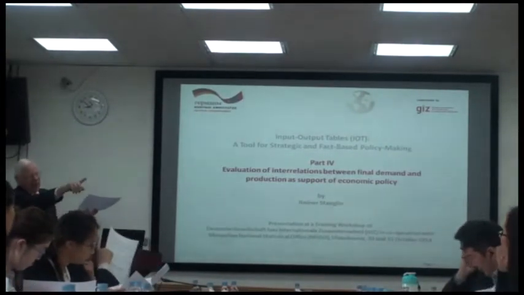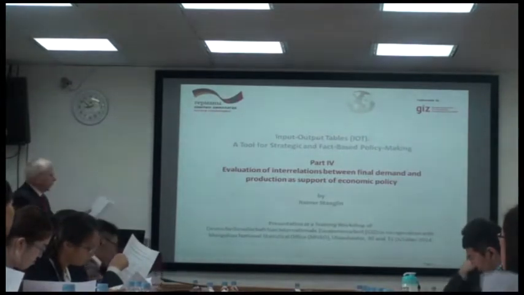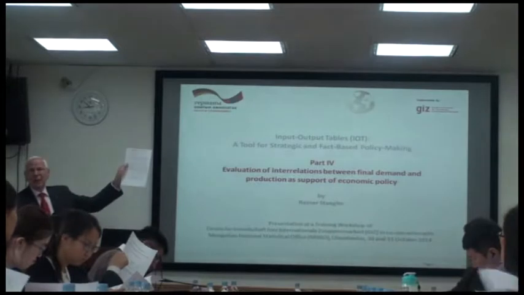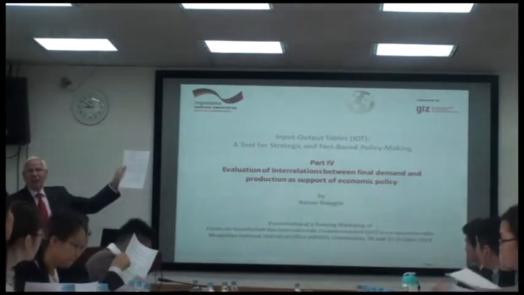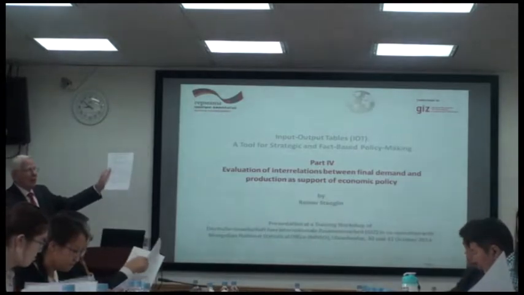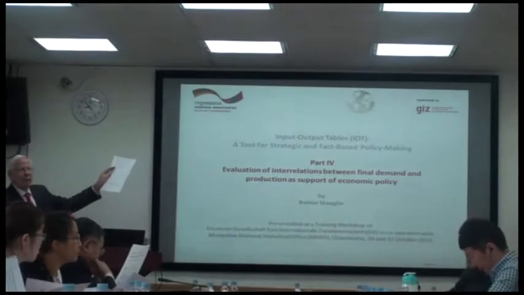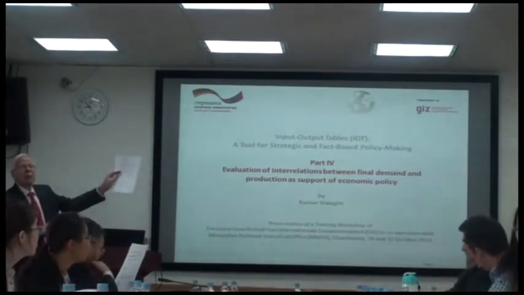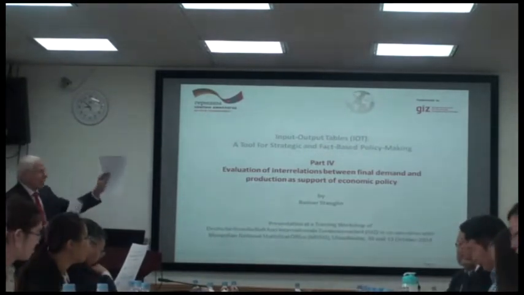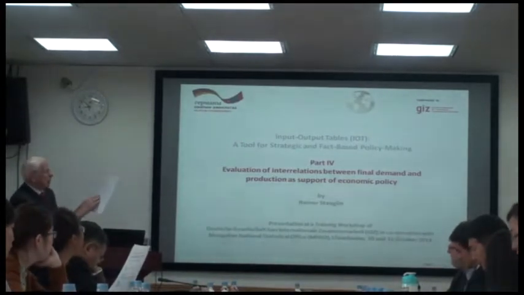In the last column, I have written the total output. Total output is again from this first table. It is the last column. If you now divide the individual figures for direct, for indirect, and for total by the total output, then you get the percentages that were given to you yesterday with our results.